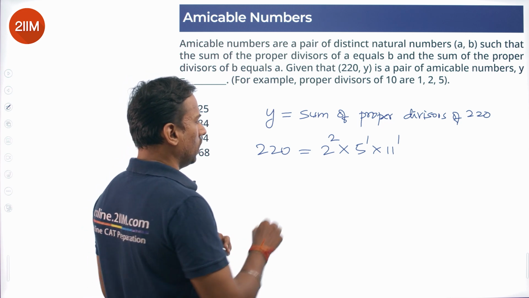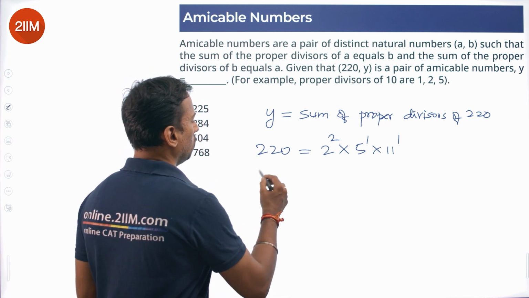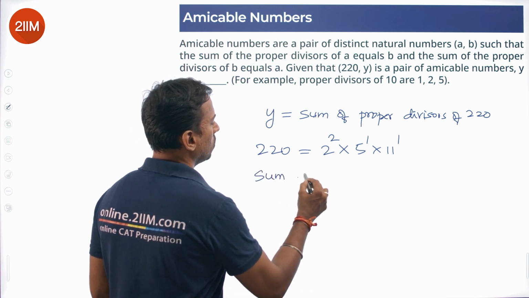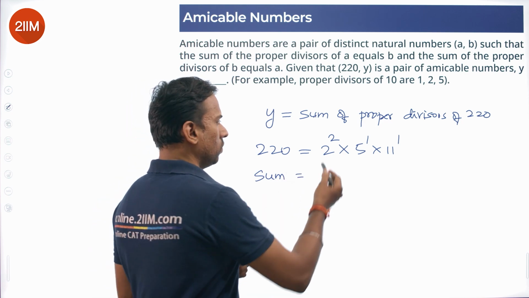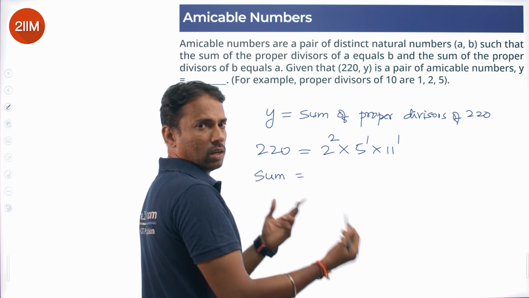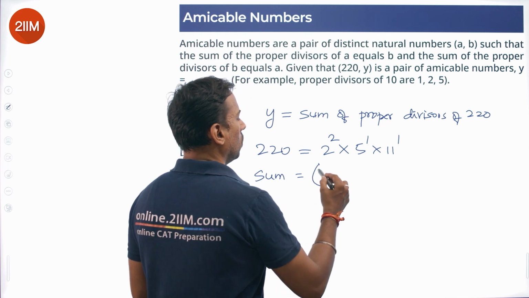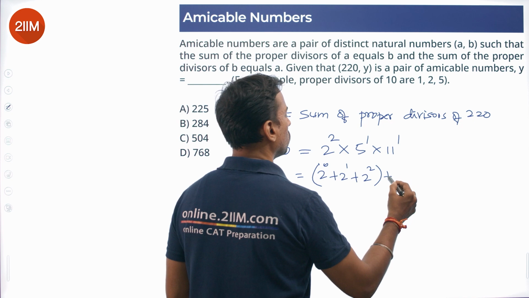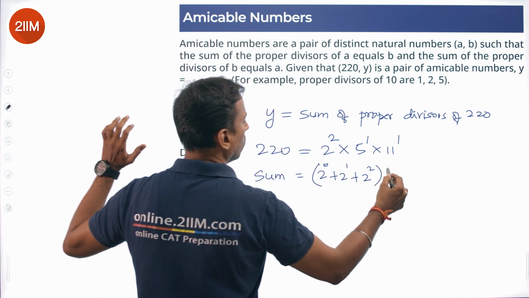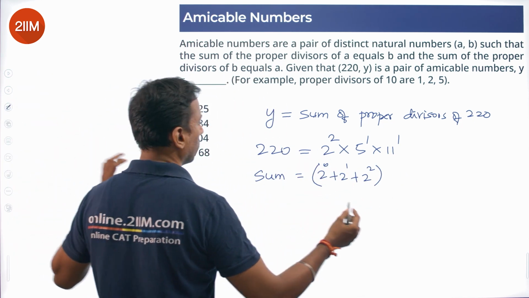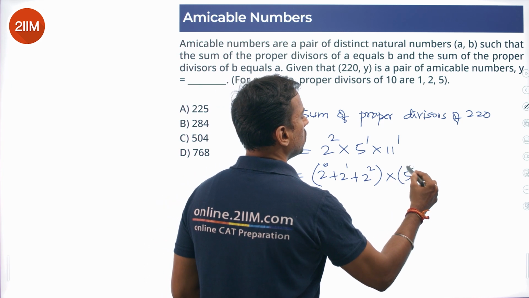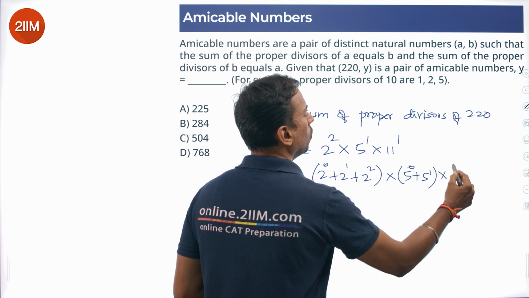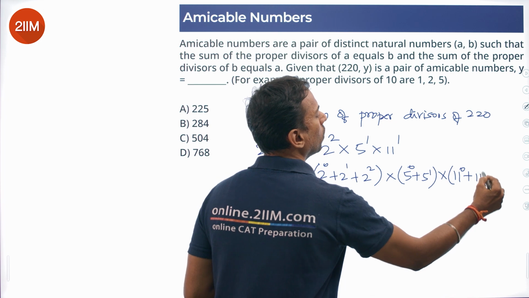Now we'll find the sum of all the factors. Once we have prime factorized, the procedure is (2 power 0 plus 2 power 1 plus 2 power 2) multiplied by (5 power 0 plus 5 power 1) into (11 power 0 plus 11 power 1).